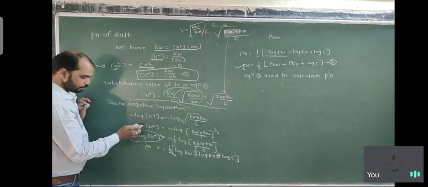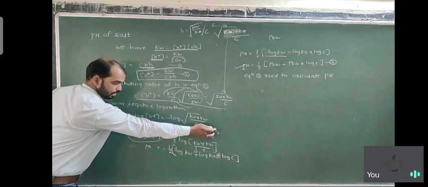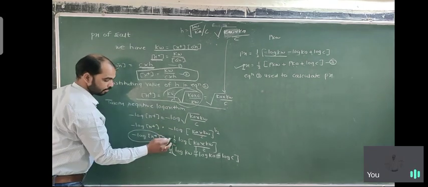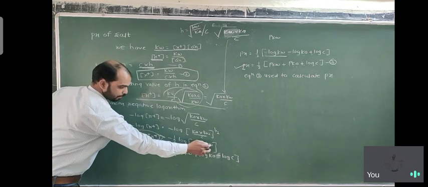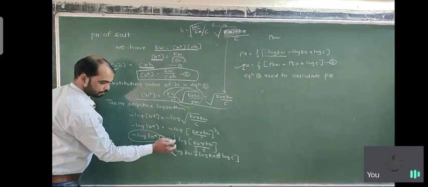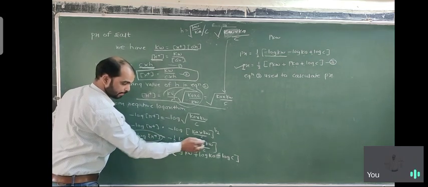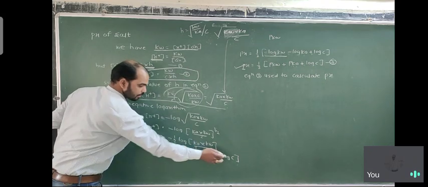After that, minus log of H plus remains here, equal to, and the 1/2 power comes out of the bracket, so it is a minus 1/2 log of Ka into Kw upon C. When we solve it, there is a minus 1/2 log of Kw plus log of Ka minus log of C.